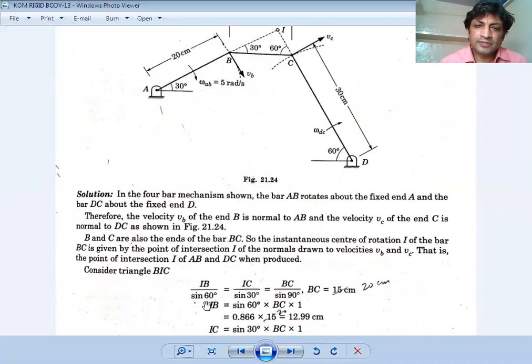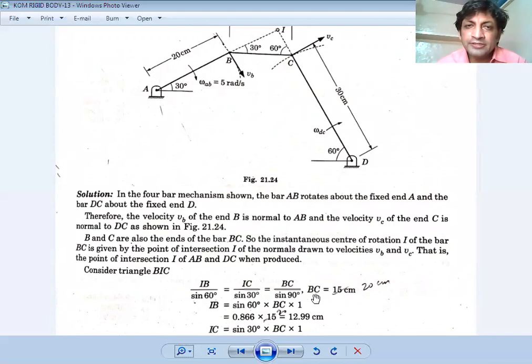IB upon sine 60 degree, since the angle opposite is 60 degree, is equal to IC upon sine 30 degree, which is equal to BC upon sine 90 degree, and hence we will get the values of IB and IC.